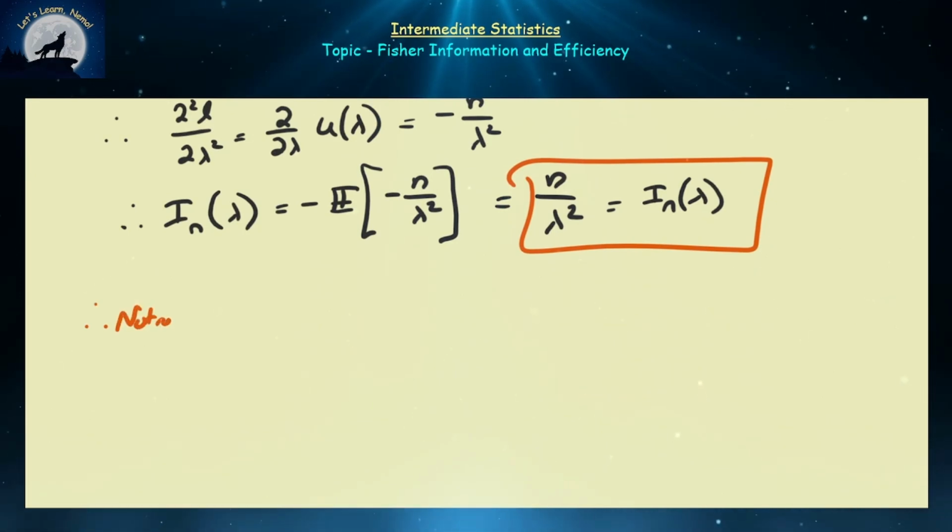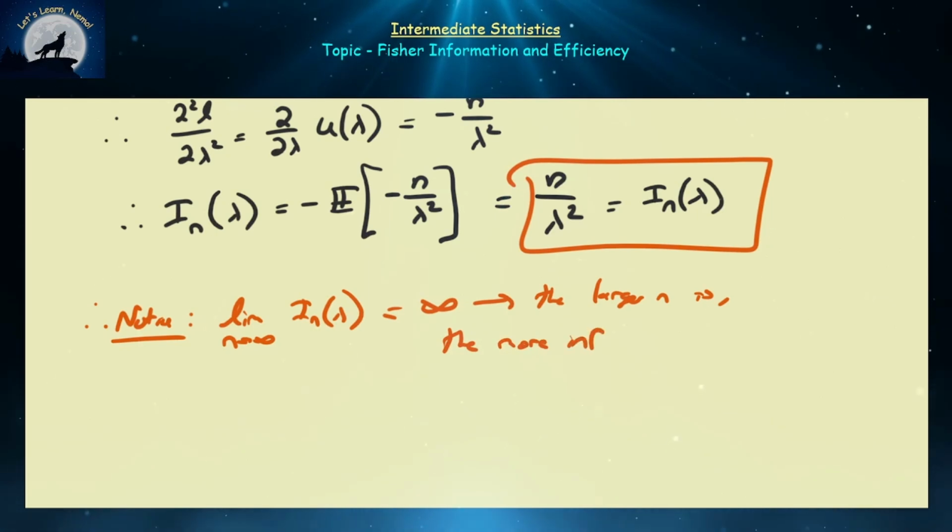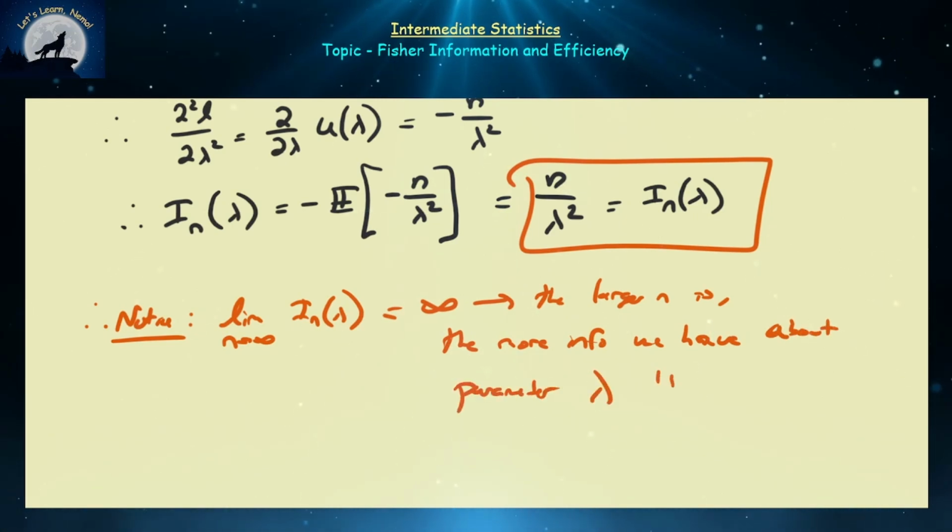So notice that the limit as n goes to infinity of I_n(lambda) is equal to positive infinity. What does that mean? The larger the sample size we have, the larger n is, the more information we have about the parameter lambda.